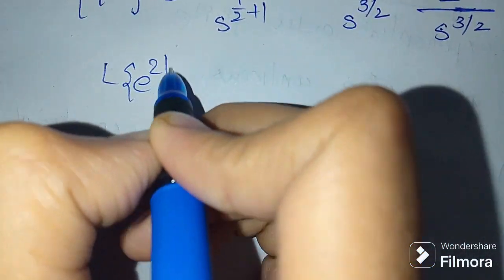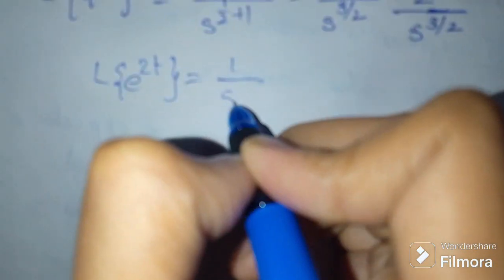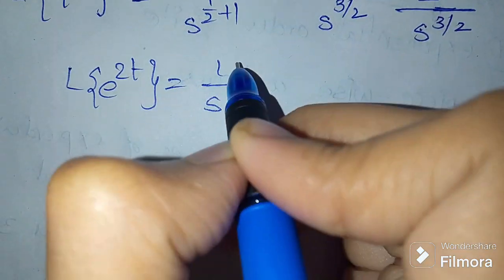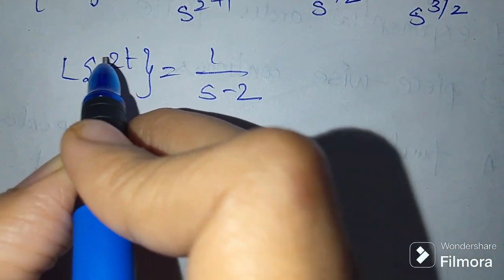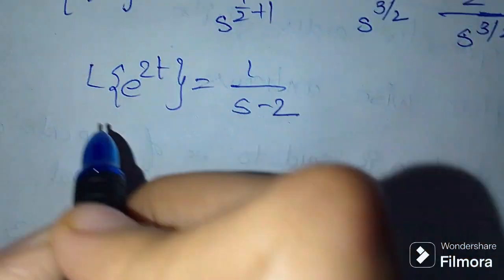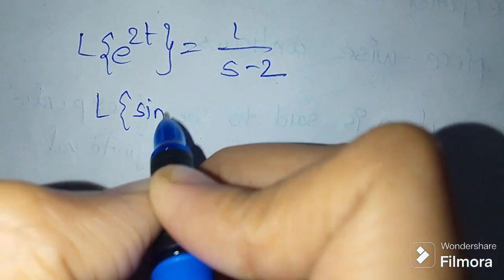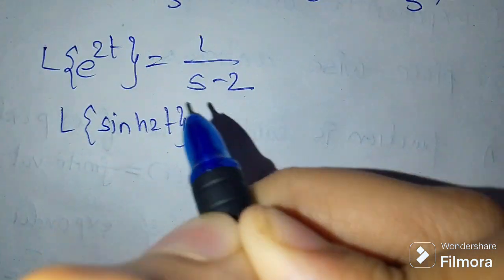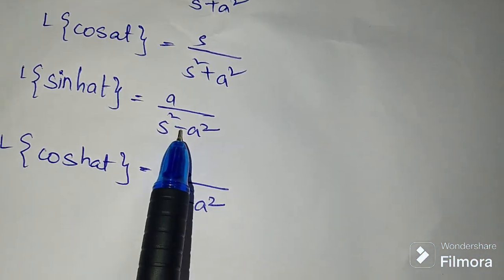Laplace of e power 2t is 1 by s minus 2, that is s minus a. Laplace of e power minus 2t is 1 by s plus 2. Okay. Laplace of sin h 2t. What is the formula? For hyperbolic function, we should use a by s square minus a square.